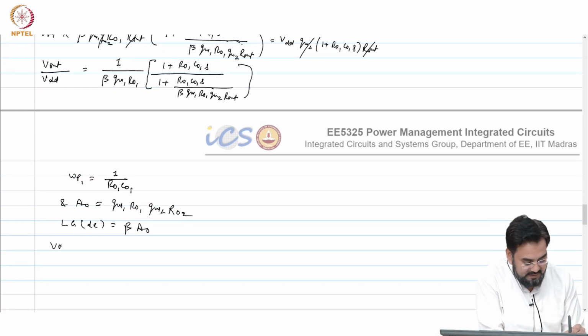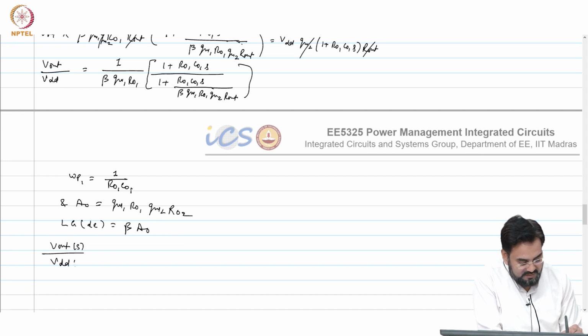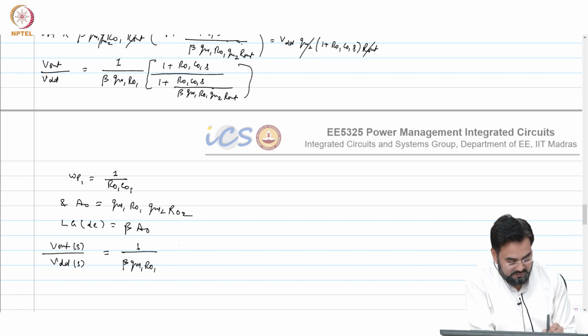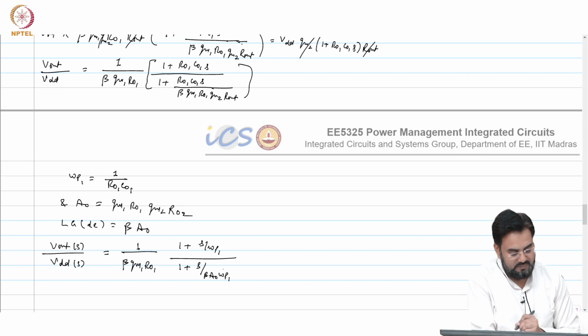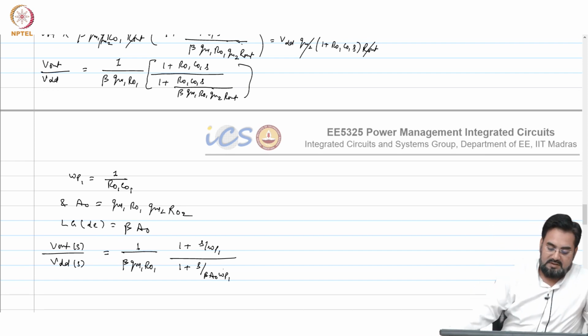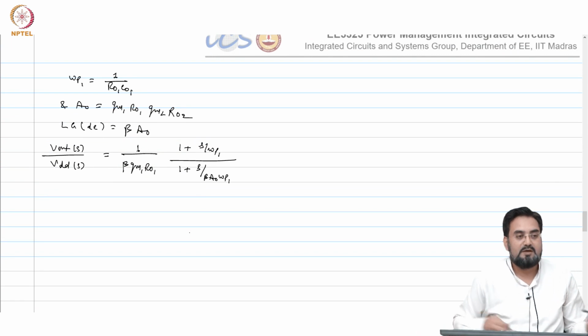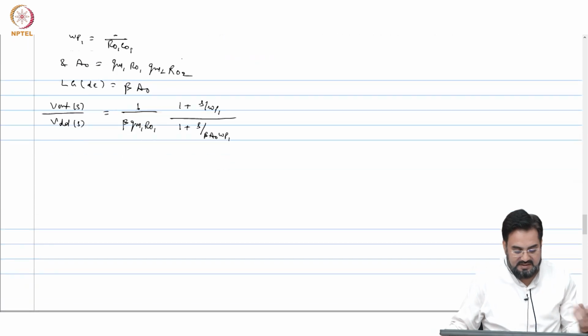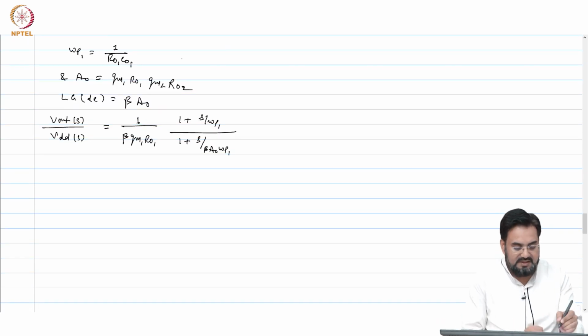So I can write V out over VDD transfer function 1 over. Okay. Now this, if you remember the output impedance, it's quite similar, huh? Yeah, in fact it's same actually. The only difference is the DC gain.